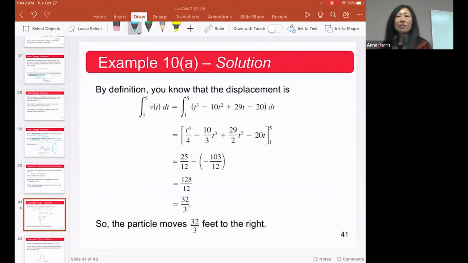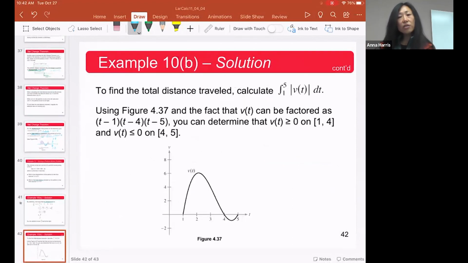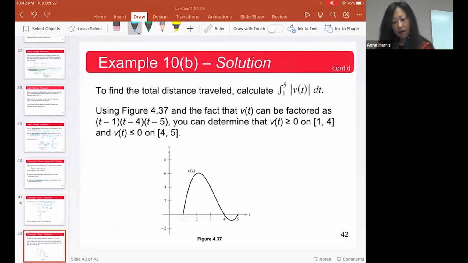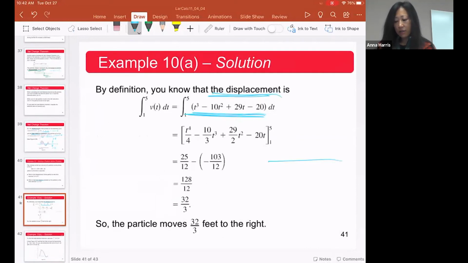So when you're looking for displacement, I don't care whether it's under the t-axis. I don't care. Okay. Here's a picture. This is what the picture looks like. When you graph that, it will look like this. All right.